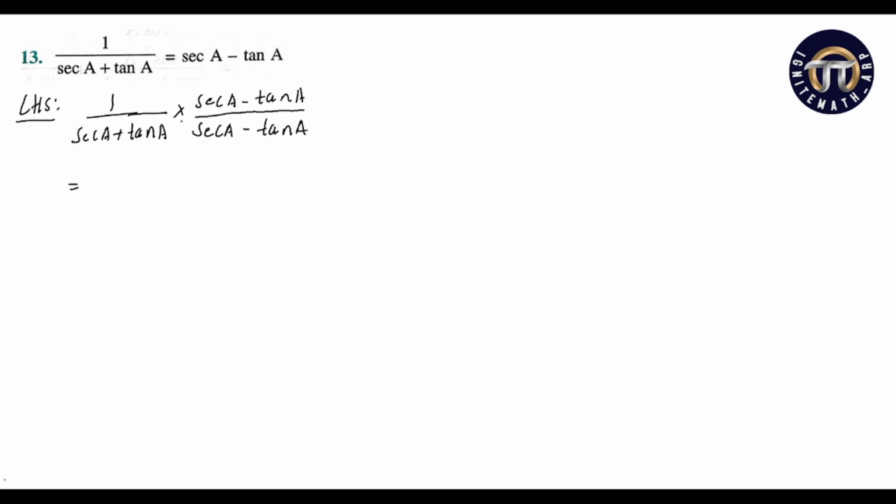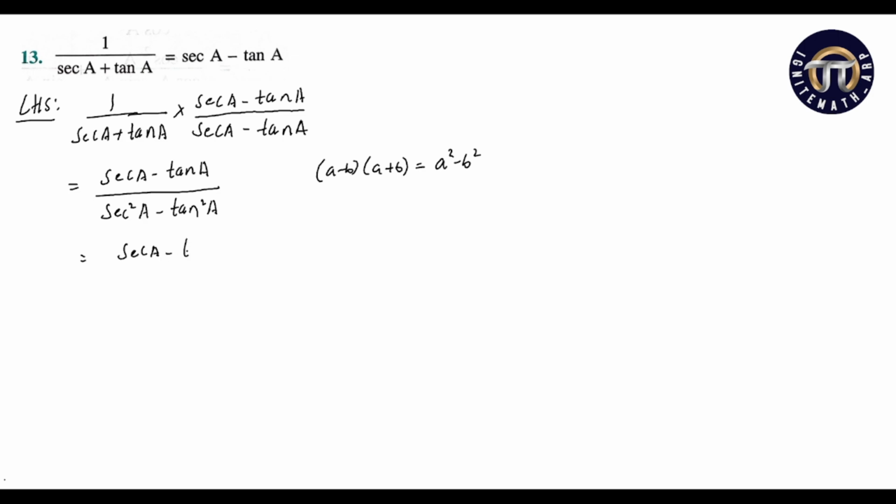So 1 into sec A minus tan A is sec A minus tan A itself, divided by, again it looks like the identity (A minus B)(A plus B) which is equal to A square minus B square. So I can write this one as secant square A minus tan square A. The numerator, secant A minus tan A, I'm going to keep as it is.